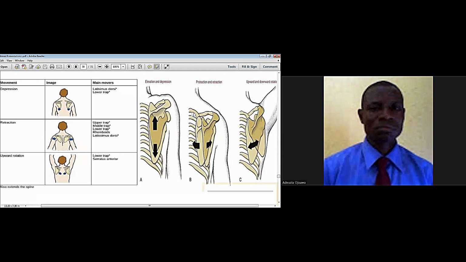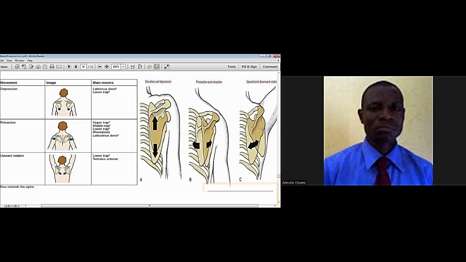And look at it, we have elevation and depression. So that's the picture that shows that we have protraction and retraction. It's as if the scapula opens up and closes, up and down, especially at the inferior edge.